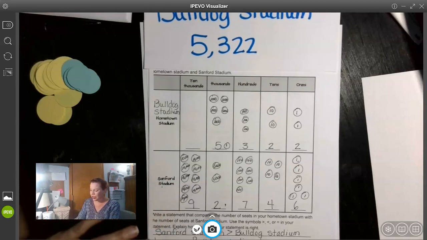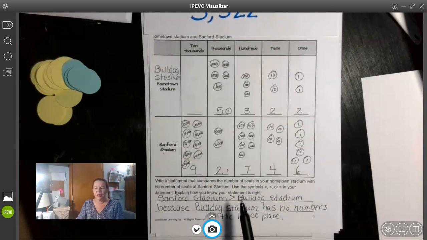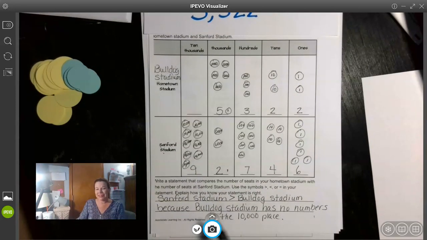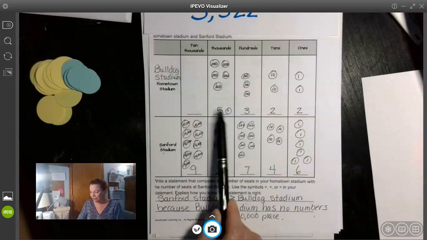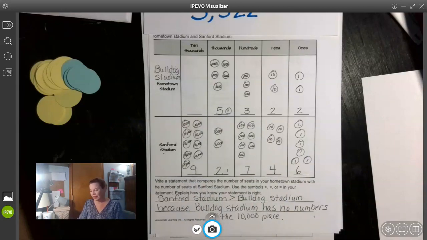All right. And you could have said that a bunch of different ways. You could have said that Bulldog Stadium is less than Sanford Stadium because the 92,000 is greater than the 5,000. So there's different ways to say that.